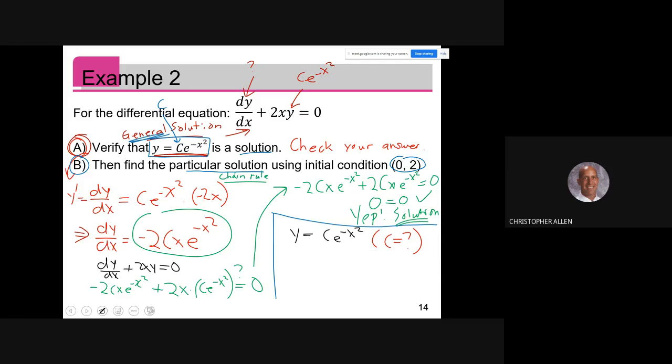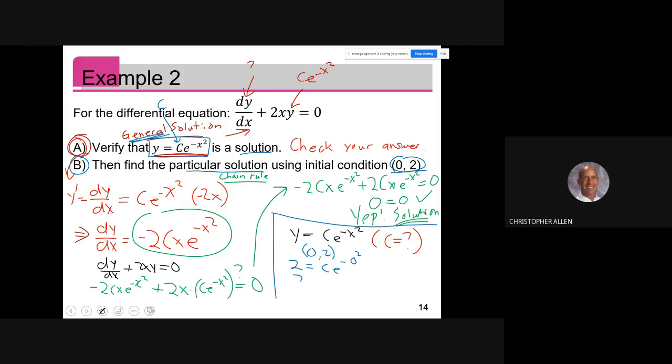What does C equal? Well, they tell us that the point (0, 2) is the initial value that we're going to use there. So that tells us y is 2 and x is 0. So all I'm going to do is substitute 2 in for y and 0 in for x.